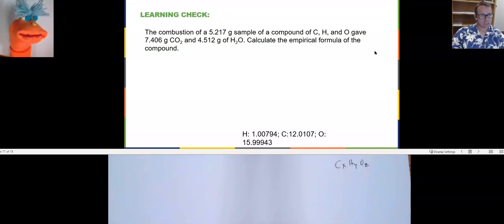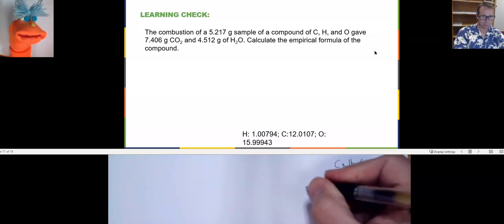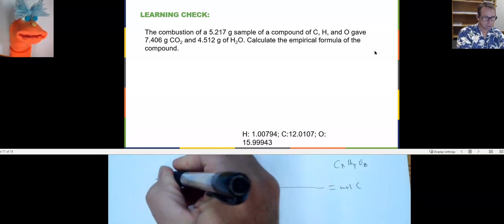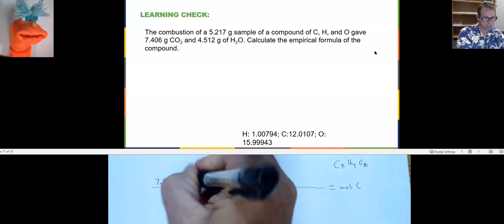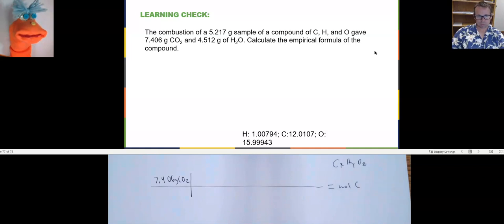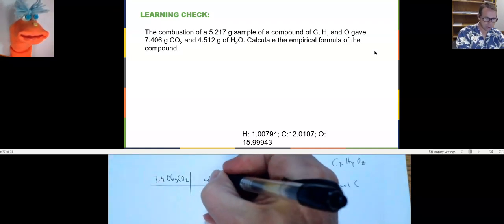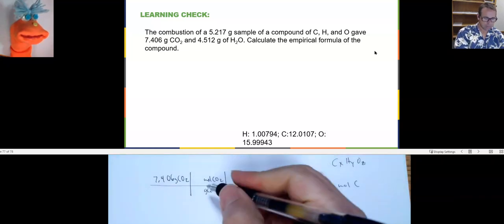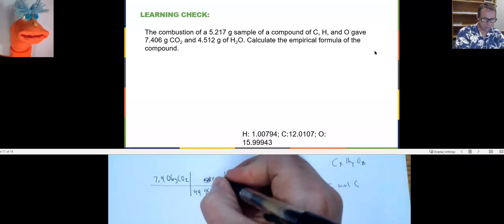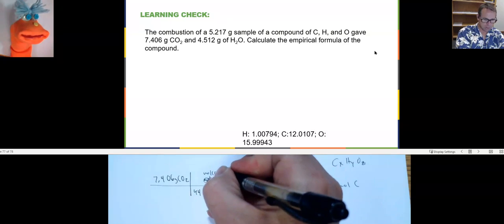Okay, so to do that, I want moles of, we'll start off with moles of carbon, and we utilize our 7.406 grams of carbon dioxide, and we can relate it to the moles of carbon, because grams of carbon dioxide goes to moles of carbon dioxide, that's right.